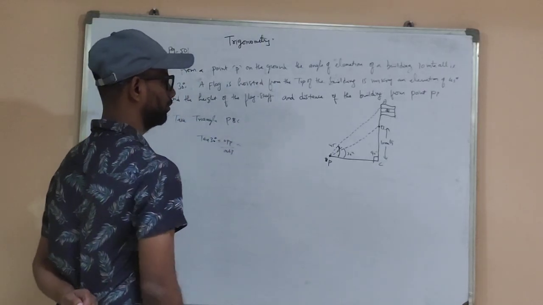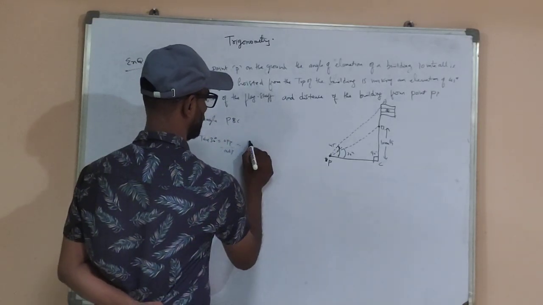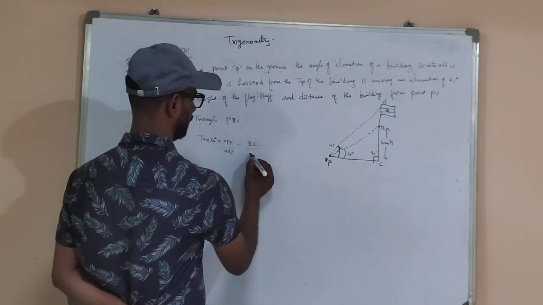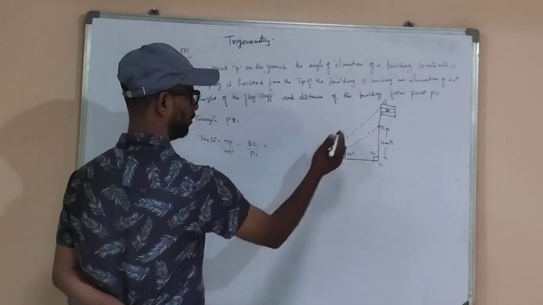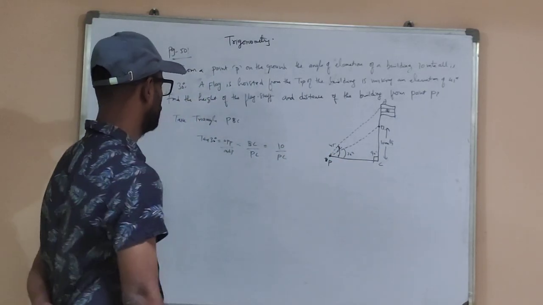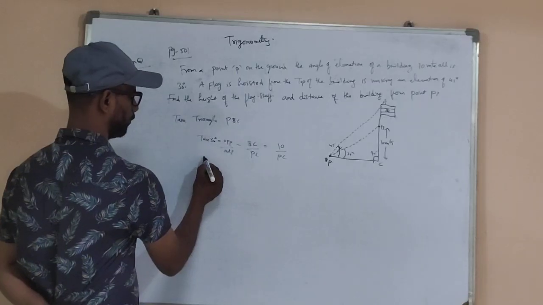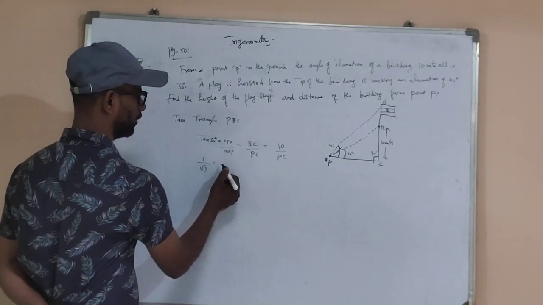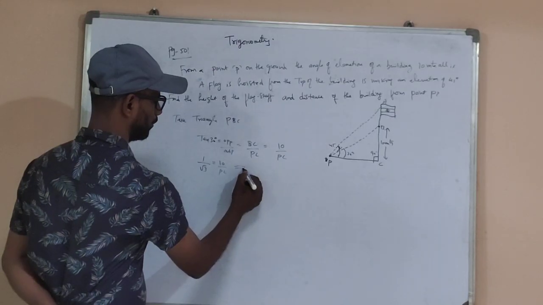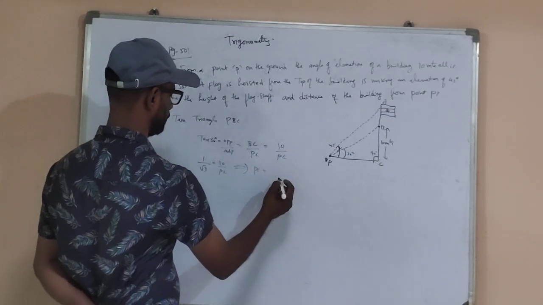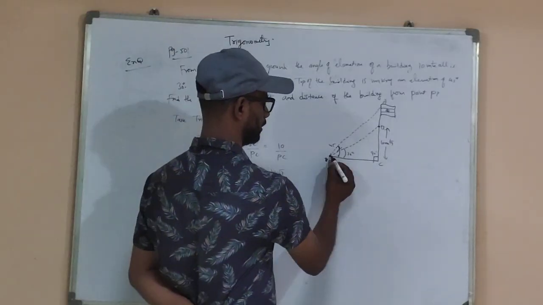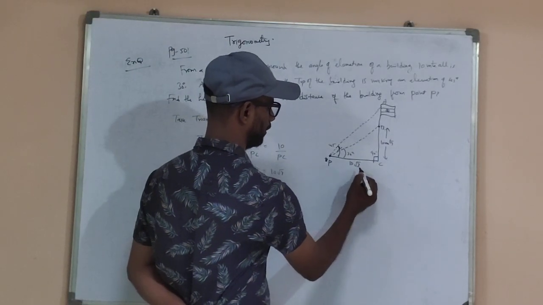The opposite value is BC, and the adjacent is PC. BC is 10, and PC we don't know. But tan 30 is 1 by root 3, so 1 by root 3 is equal to 10 by PC. By cross multiplication, PC is equal to 10 root 3.